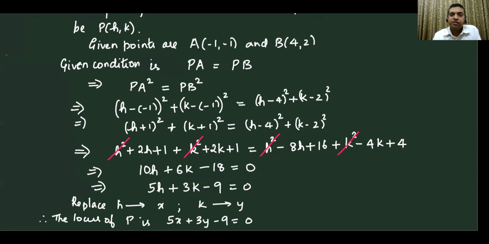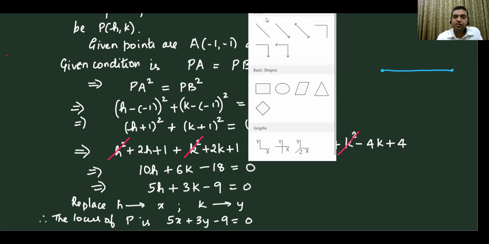All right. Generally, you have 2 points. You consider the perpendicular bisector of the line joining them.